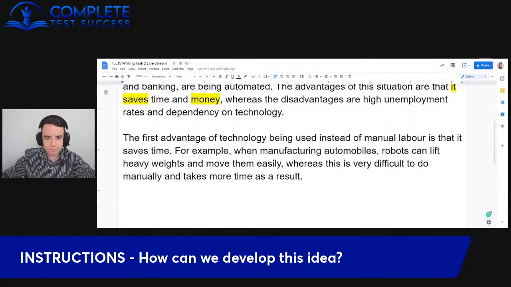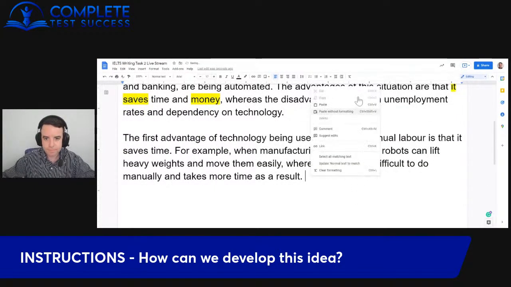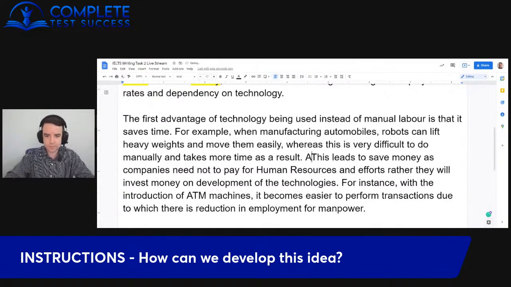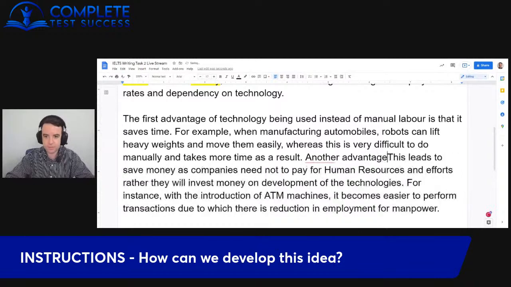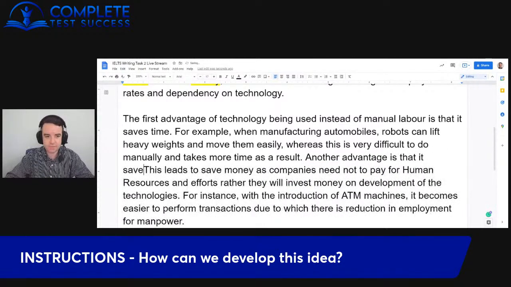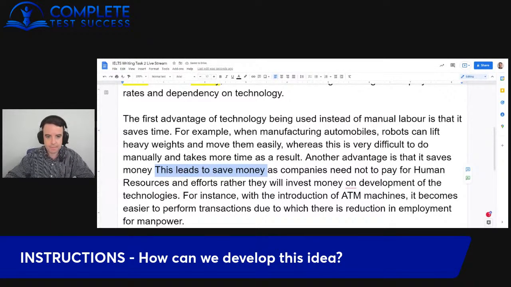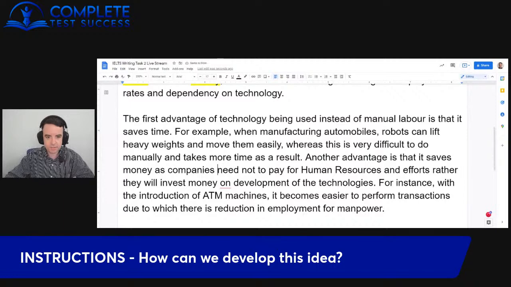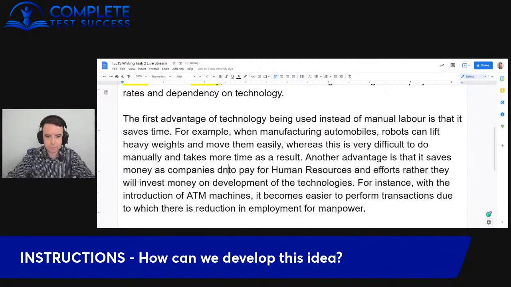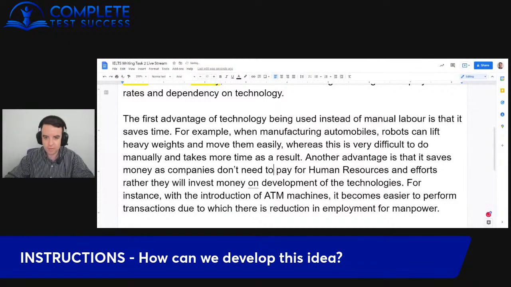Okay, so we had our first advantage. And then just introduce the next one. Another advantage is that it saves money as companies don't need to pay employees.